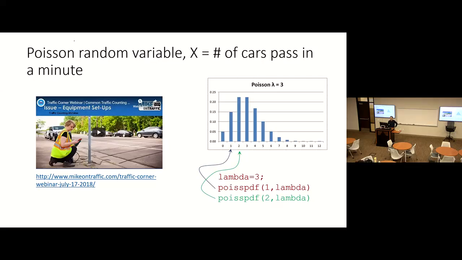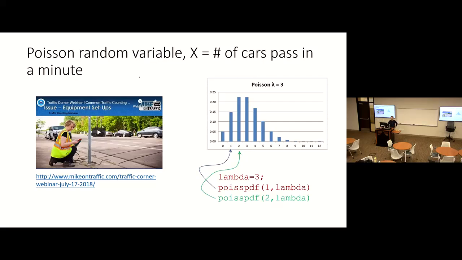For example, if you know the average number of cars passing a street per hour, say your statistic is 5 cars or something like that, then you can estimate for a certain period, for every 5 minutes, how many cars will pass this intersection.